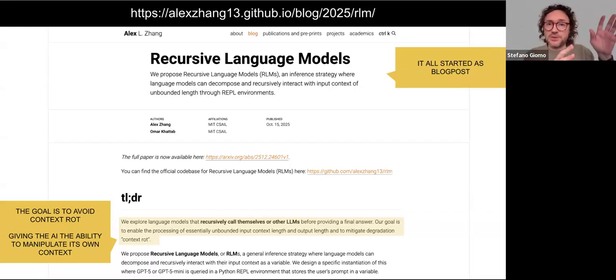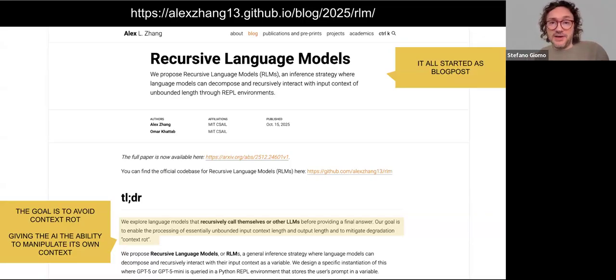We provide all the tools to do that. And the main model, the root model, will spin up submodels or sub-root models. The recursive thing is that you can spin up multiple instances of this concept and, at the end, find a way to manipulate your context and give an answer.